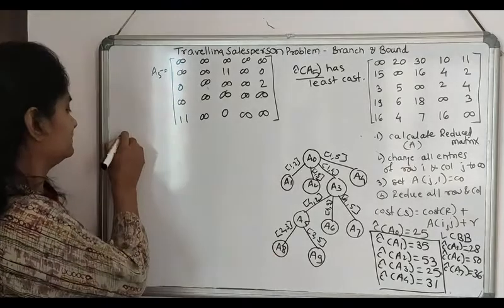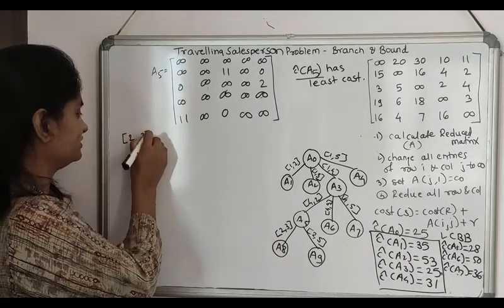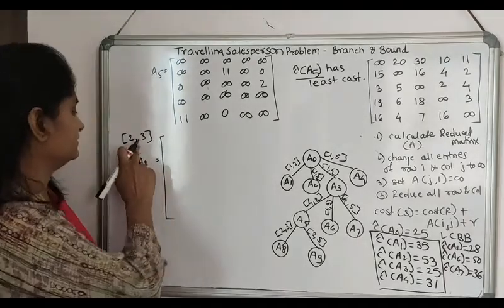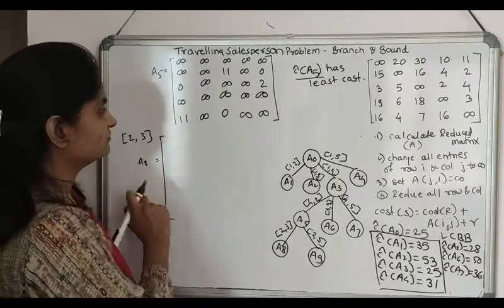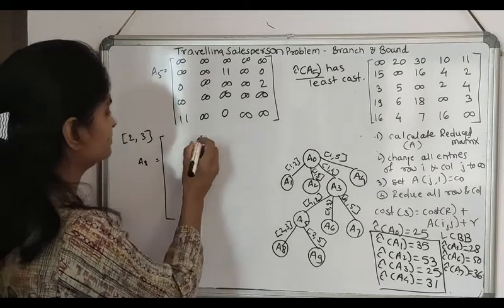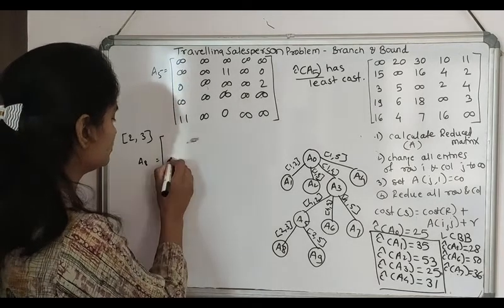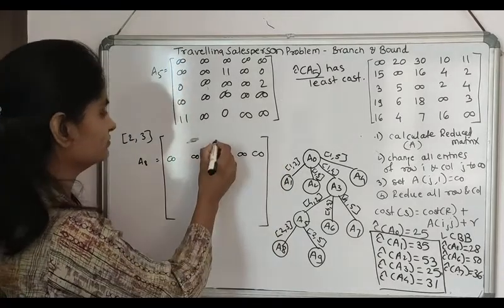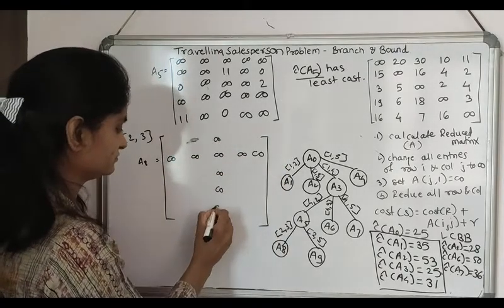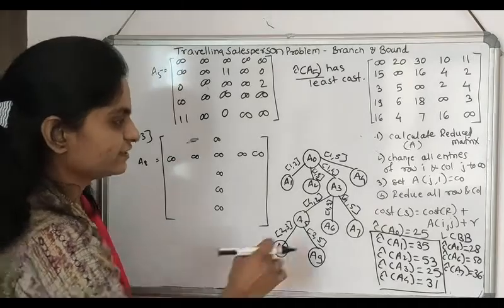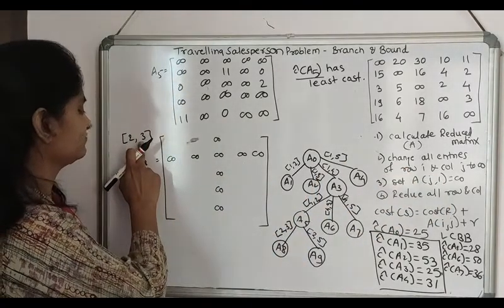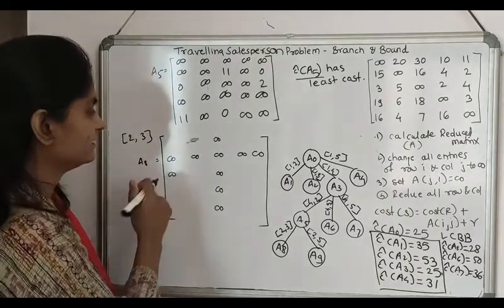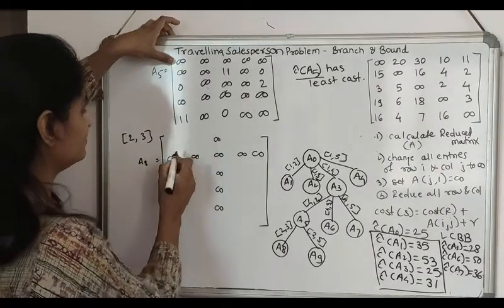To find the cost of 2 to 3, that is the A8 matrix, set the second row and third column to infinity. Set A of j1, that is 3, 1, to infinity, and then take the remaining entries from A5.